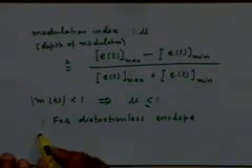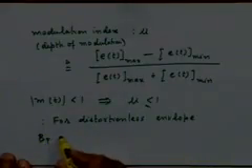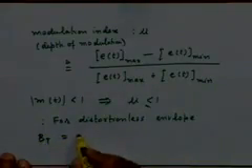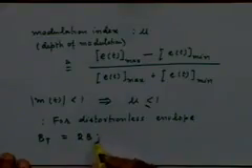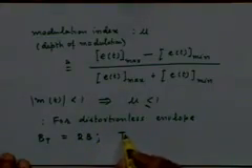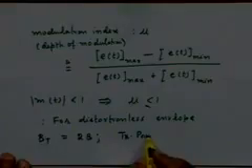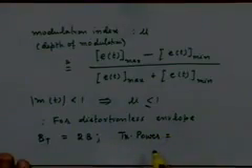We have already seen that the transmission bandwidth requirement would be 2B. What about the transmitted power? Last time we derived this to be equal to S sub C into S sub M, where S sub C is the carrier power and S sub M is the message power.